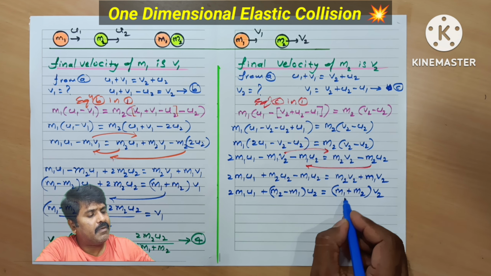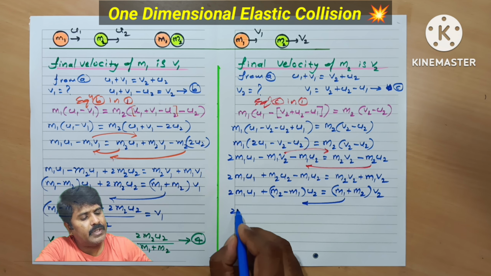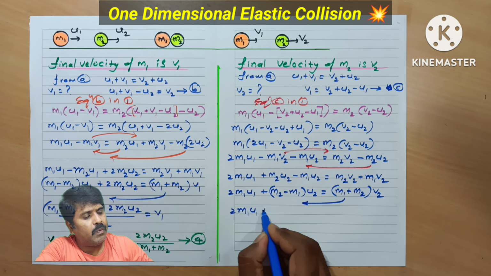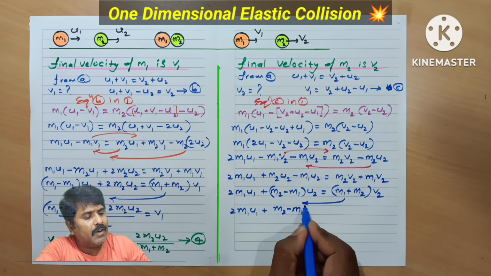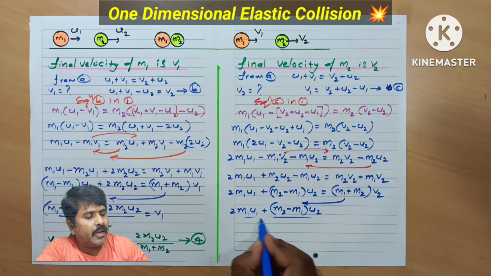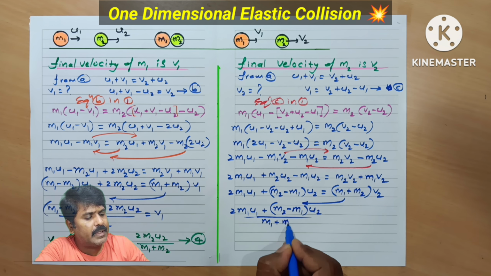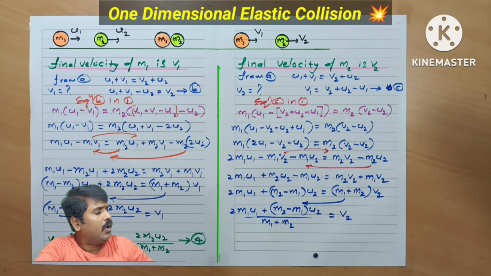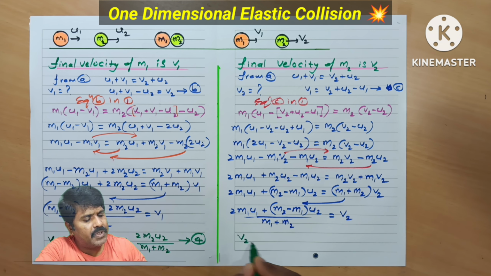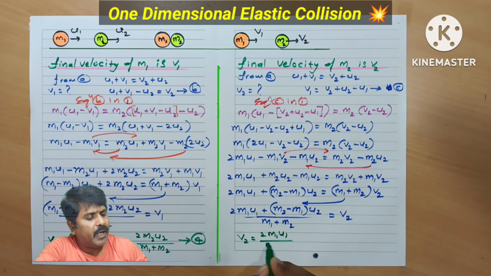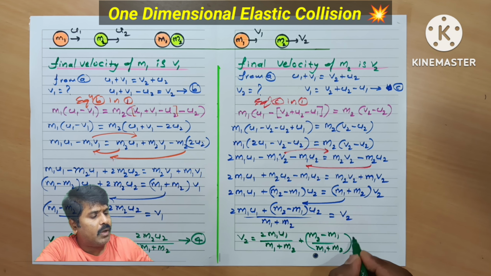And next step, this m1 plus m2 from RHS side to LHS side: 2 m1 u1 plus m2 minus m1 of u2 divided by m1 plus m2 which is equal to v2. And now the final step is that v2 is equal to 2 m1 u1 divided by m1 plus m2, and this value is m2 minus m1 divided by m1 plus m2 of u2.